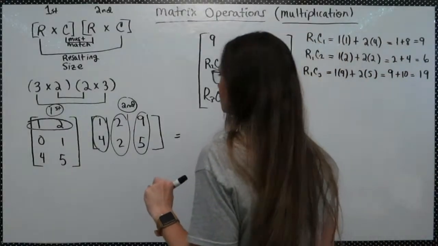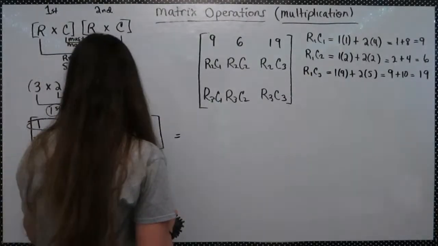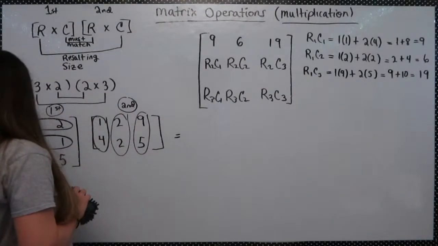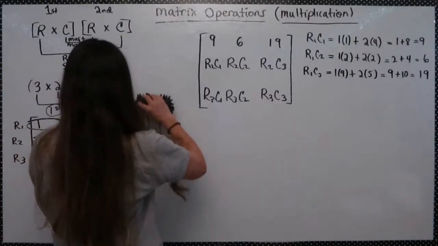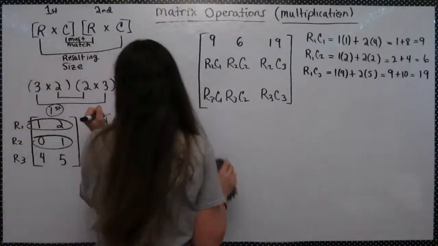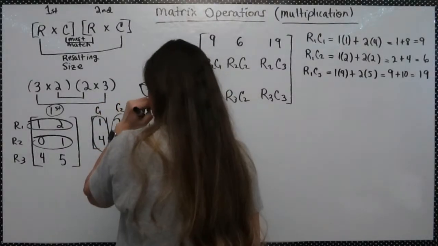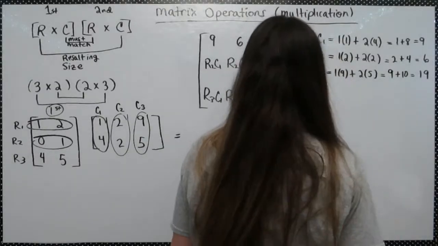So then we're going to go to the second row and first column. So we should label these row 1, row 2, row 3, and column 1, 2, column 3. All right.